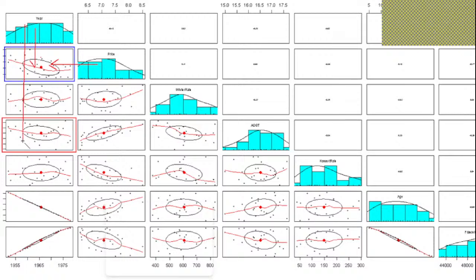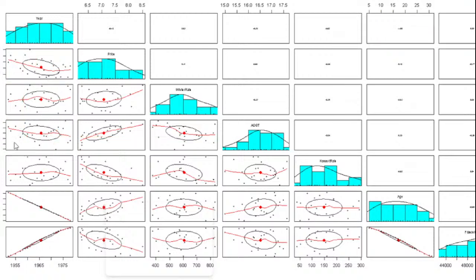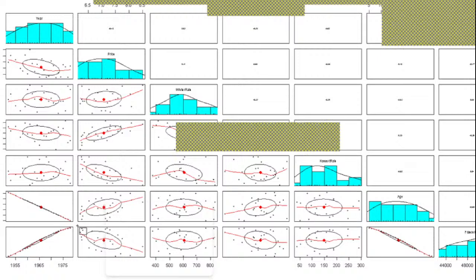Years on x-axis and AGST on the y-axis. Clear? So how AGST is moving with time? Okay, now who will tell me this one? Okay, let me ask you an interesting one. This one.